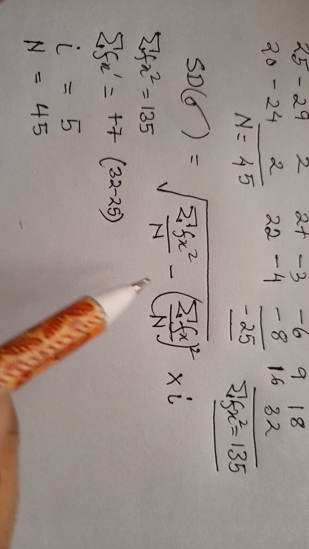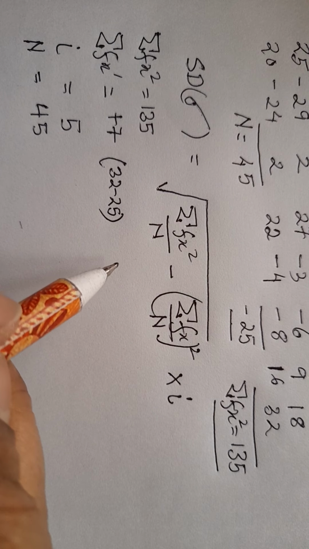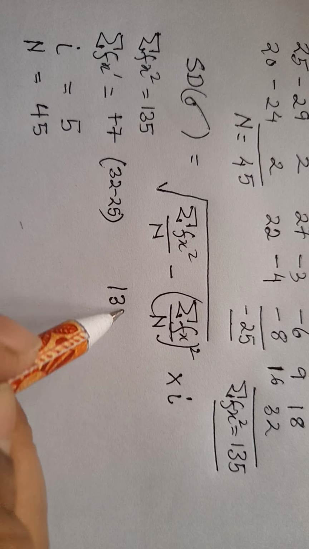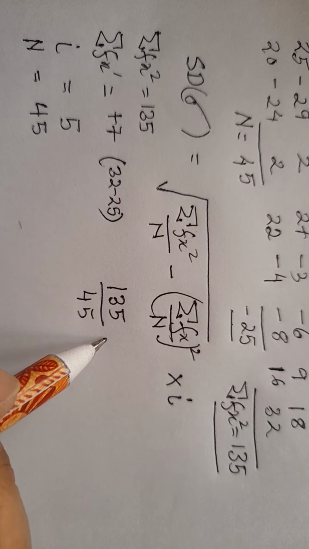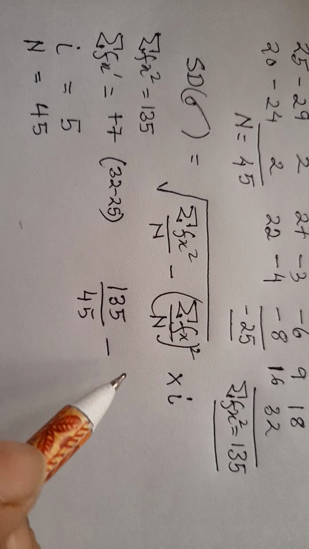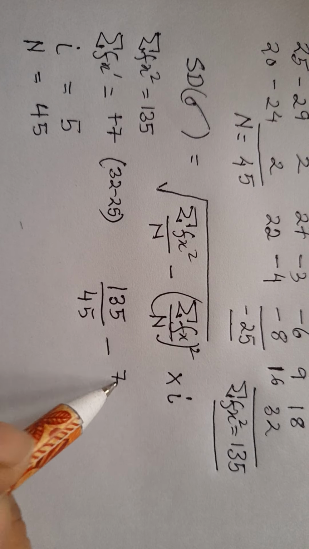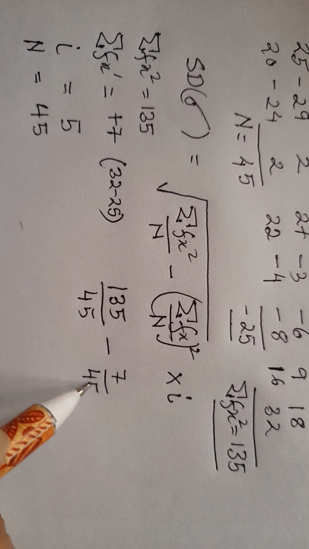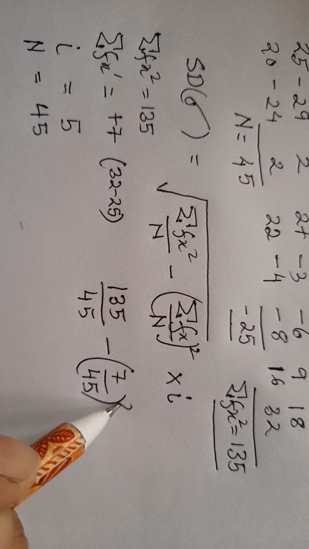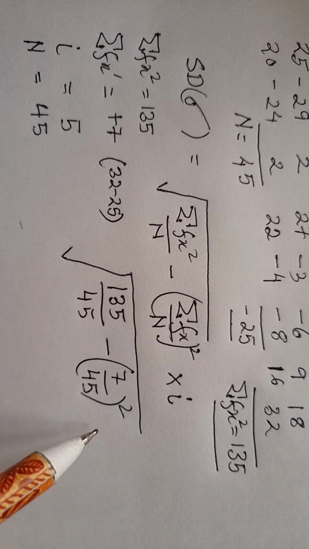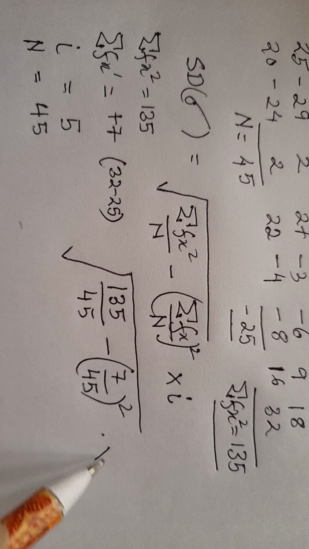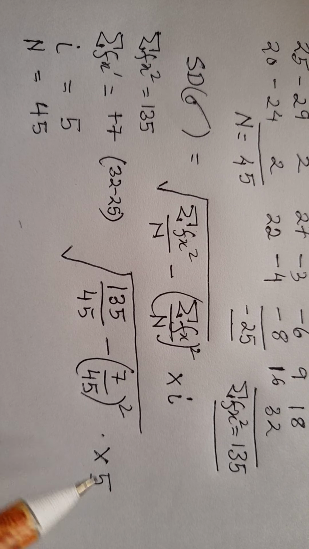Now let us use this formula. 135 by 45 minus 7 by 45 whole square, put the square root, outside the square root into 5.